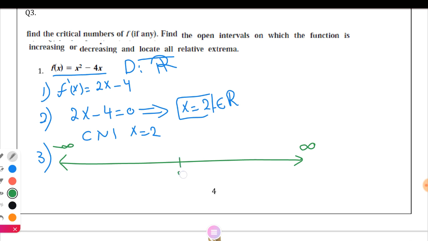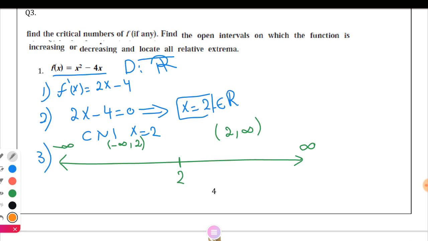Here I write 2, the critical number, on it. In this case, the critical number divides the domain of the function into how many intervals? 2 intervals. At the left of 2, negative infinity to 2, and at the right of the critical number 2, it will be 2 to infinity.